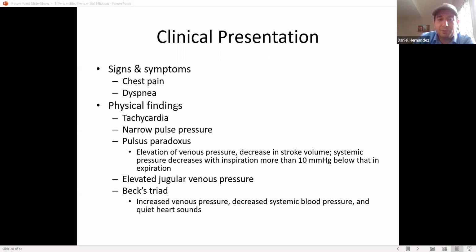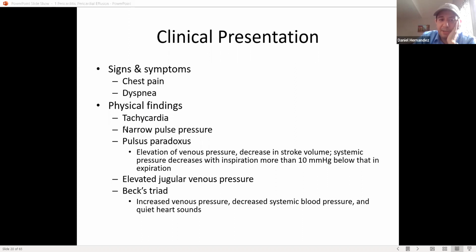Since there's less blood flow going in, there's less going out, so the heart's going to start increasing its heart rate. We'll have narrow pulse pressures. So that means their blood pressures are going to start dropping.